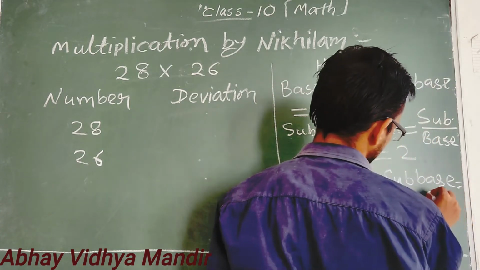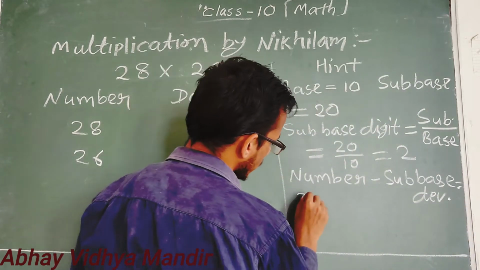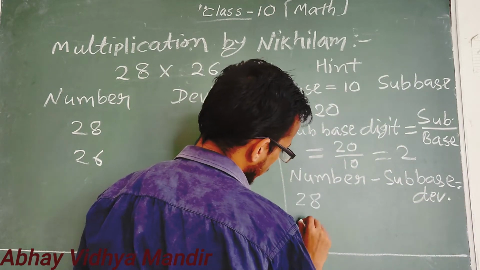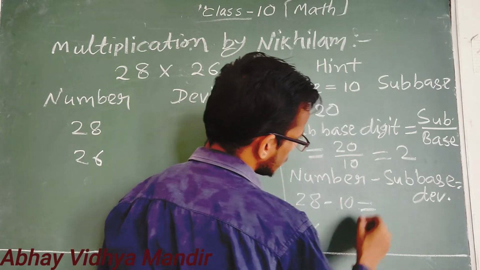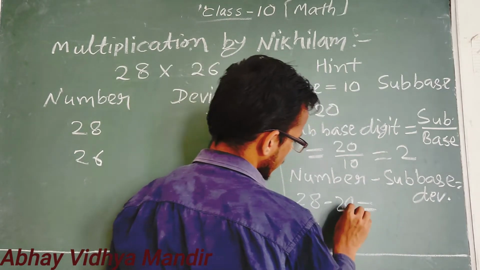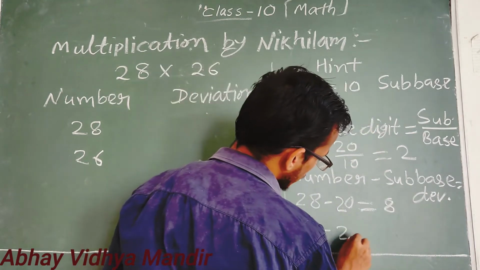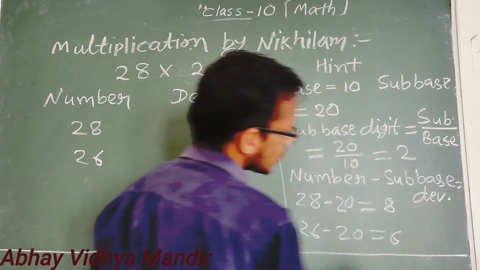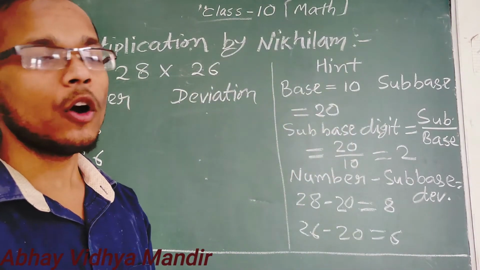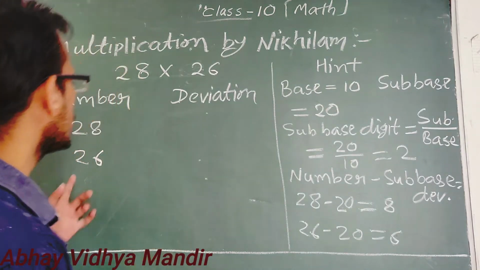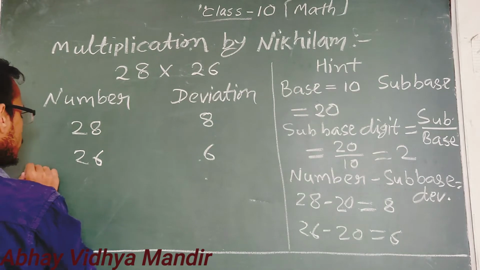So here the numbers are 28 and 26. 28 minus 20 is equal to 8 and 26 minus 20 is equal to 6. So these are the deviations. Deviation can be positive or negative. So here 8 is the deviation and 6 is the deviation.